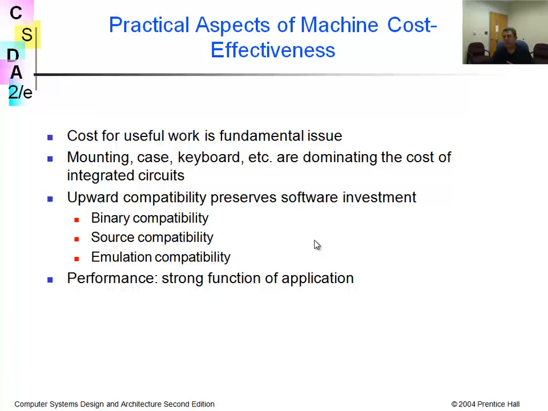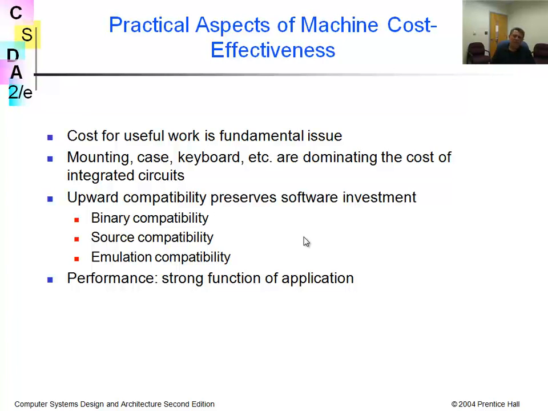Or, in other words, it should be able to run on previous versions. So there is a window that we want to make sure that whatever we build is good from, let's say, yesterday till tomorrow's design. So there is some time that we need to have that design to be compatible. Compatibility is an important factor.